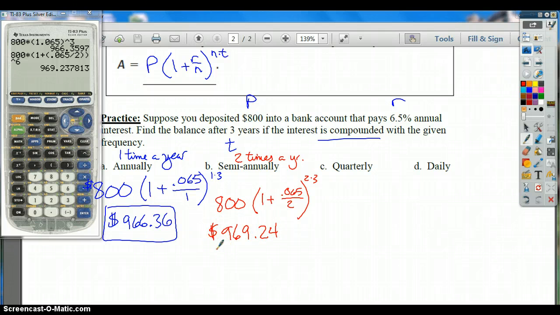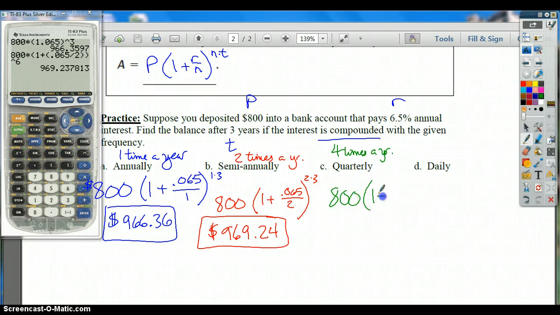So you can see you're making a little bit more money by just the fact of compounding it more than once a year. If this trend continues, quarterly should go up a little bit more. Quarterly obviously would mean 4 times a year. So here we go. We've got 800 times 1 plus 0.065 over 4, and this is 3 times 4 here.